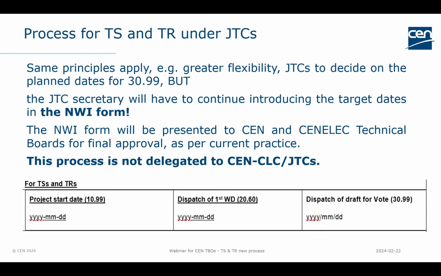So today, the CEN working area is only for CEN technical bodies and not for CEN-like JTC secretaries. So it means that you can add in the new work item proposal any date you prefer for delivering the TS or TR.